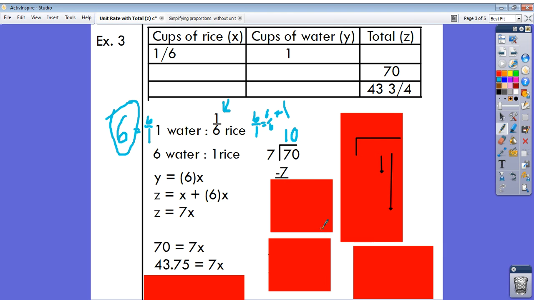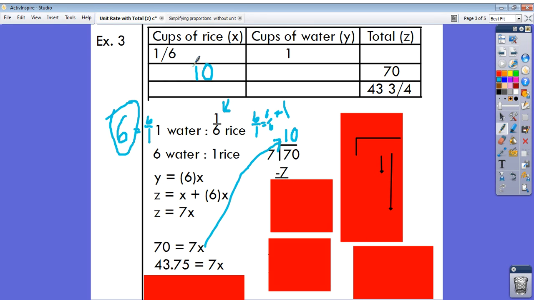Make sure you pay attention. This is getting tricky. What I just solved for was my x. So I write this in my table where 70 is. I'm going to write 10 in the x column. Are you following along?